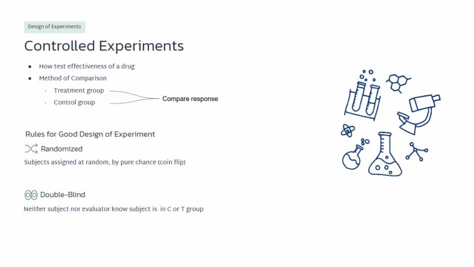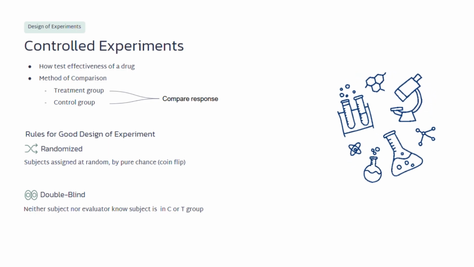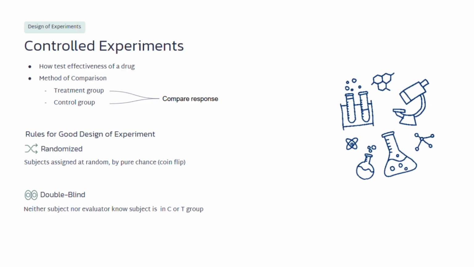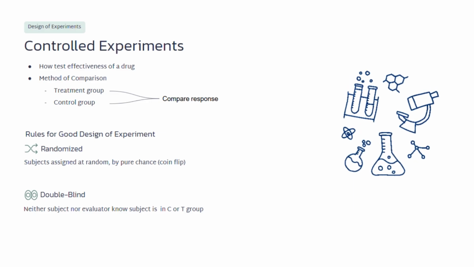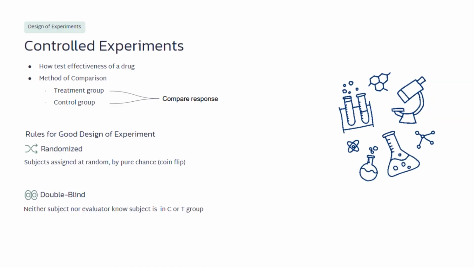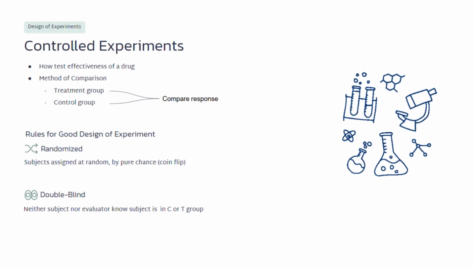That's why we call it double blind: neither the patients nor the doctors who evaluate the response are aware of whether the patient has received the drug or not, to eliminate the bias. These ideas we will expand in the next few minutes.